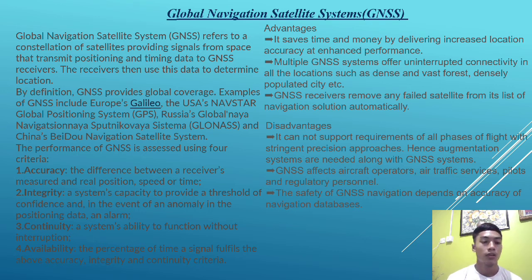Number 3. Continuity. A system's ability to function without interruption. And number 4 is availability, the percentage of time a signal fulfills the above accuracy, integrity, and continuity criteria.